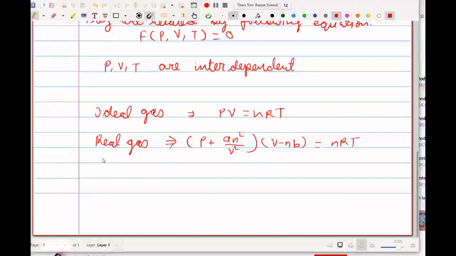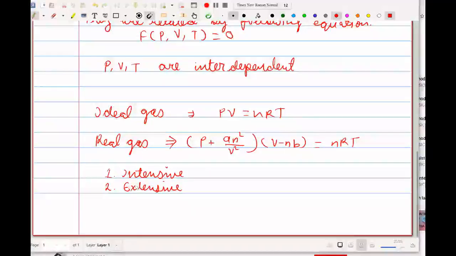So dear student, state variables can be divided into two parts. The first one is the intensive, and the second one is the extensive.